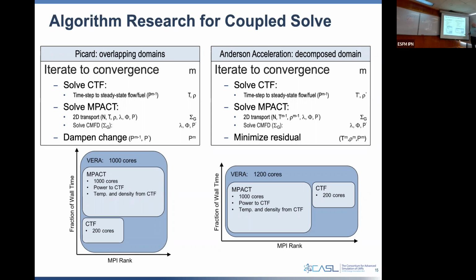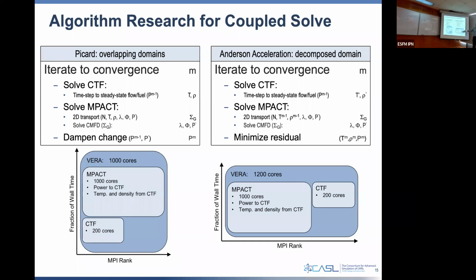But because CTF is working on the old one, and now Impact is also working on the old temperature and the old density, they don't have to solve CTF and then Impact. Here, Impact used the very latest temperatures and densities that just came from CTF. Here we said, we're going to allow Impact and CTF to use the old information.